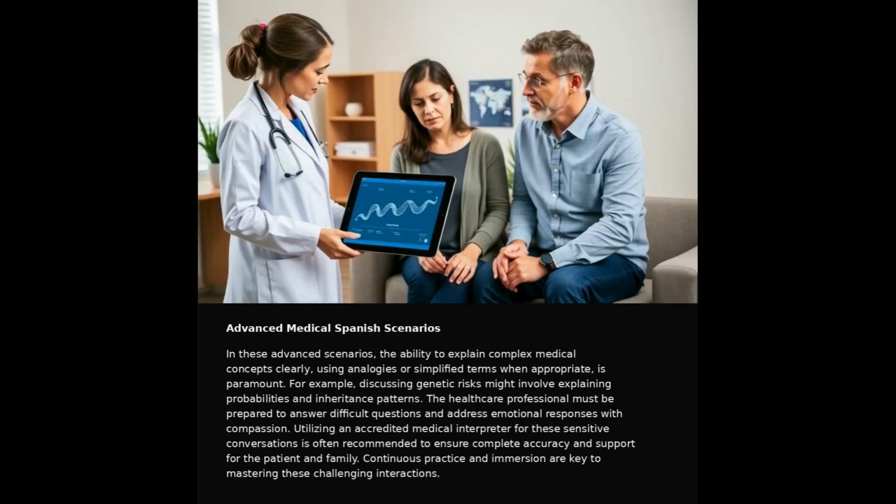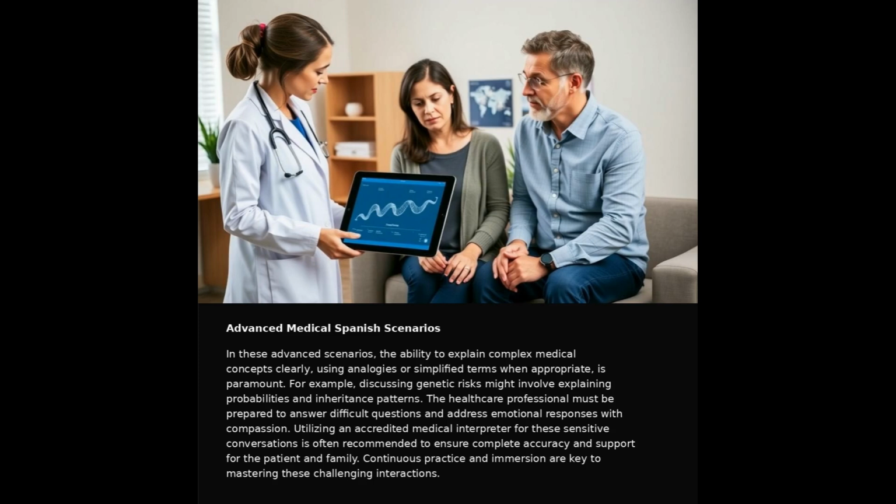In these advanced scenarios, the ability to explain complex medical concepts clearly, using analogies or simplified terms when appropriate, is paramount. For example, discussing genetic risks might involve explaining probabilities and inheritance patterns.